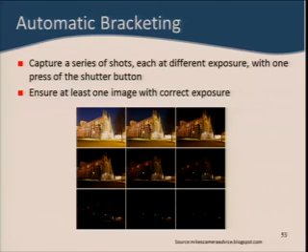For this particular feature, when you press a particular button, the camera will actually capture a series of images with different exposure, so that afterwards you can choose the one that you like. If you like this one, you just choose this one. This is one of the features that will make sure that at least one of the images will have the exposure that you want.